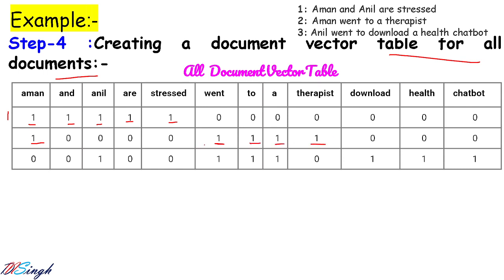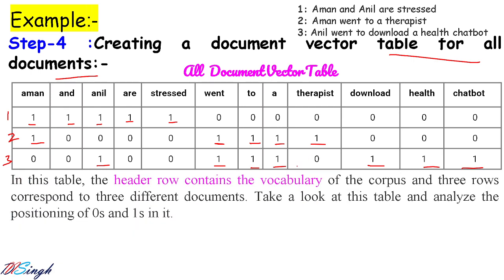So this is the second. The words which are not present in document number 2, we put 0 under them. Next, in document number 3 you see Anil went to download a health chatbot. So Anil is present, went is present, to, a, download, health and chatbot. So like that you have created a document vector table.